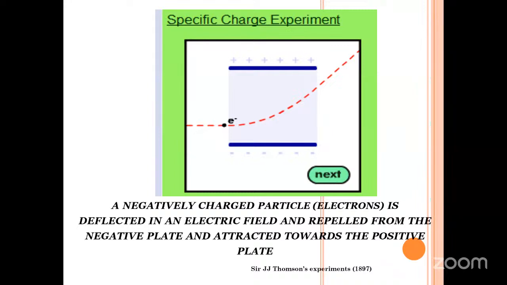That's an electric field. Now, you know that opposites attract. So you can see this charge, being a negative charge, is deflected when it enters the field towards the positive plate, because it's being attracted towards the positive plate. Can we see that?